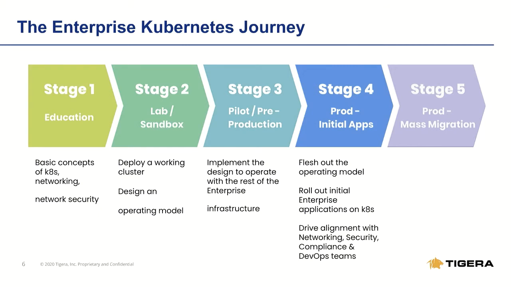So that's when we enter stage 4, and within stage 4, we take our first application and we'll deploy that application to production. And generally, this isn't going to be multiple applications serving multiple users. It's probably not going to be your mission critical application, but it will be a production application. And what we'll do is basically prove this out. And once we get into this stage, we're probably going to be engaged with multiple different teams.